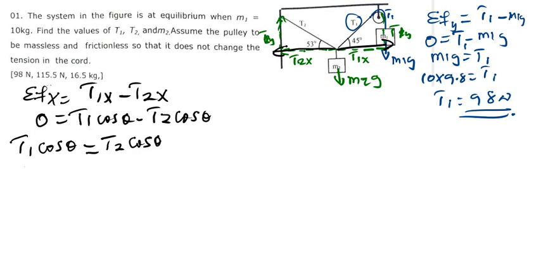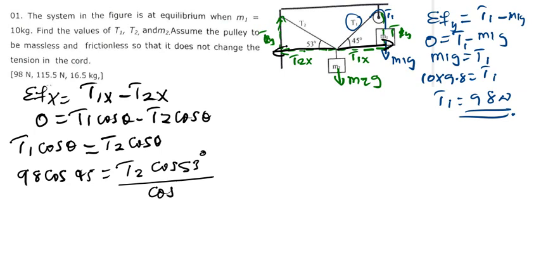Now we definitely know T1, right? Let's plug in T1 is 98, because the angle for T1 is 45, being equal to T2. Then the cos for T2, the theta is 53. So to find T2, I'll divide both sides by cos 53 degrees.